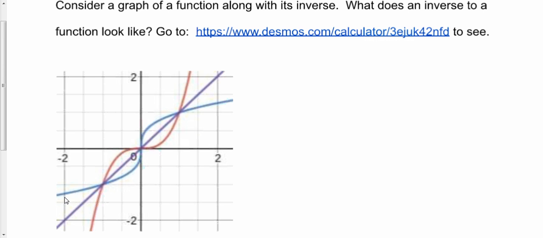The red line right here, and this blue line right here, are inverse functions of one another. And what do you think this purple line right here is? What do we call that function? The identity function. What can you say about the red and the blue line with respect to the purple line?